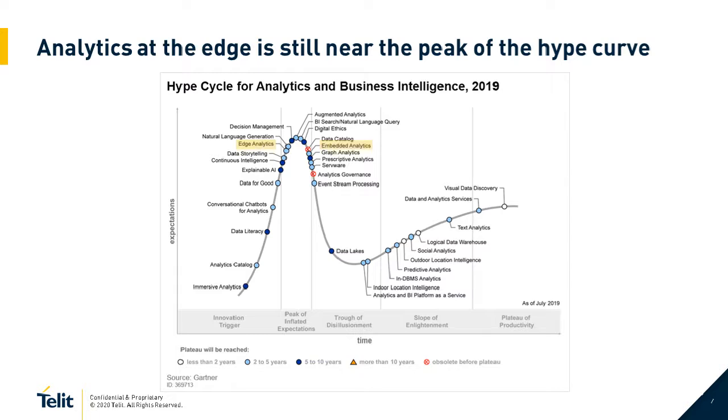Those two, highlighted on my chart here, are still pretty high at the top of the hype curve, and we haven't entered the trough of disillusionment yet. There's a lot of excitement and a lot of possibilities. People are trying everything, but in reality it is going to come crashing down a bit before we really hit the valuable use cases and grow into the plateau of productivity as we build out the analytics solutions around IoT.